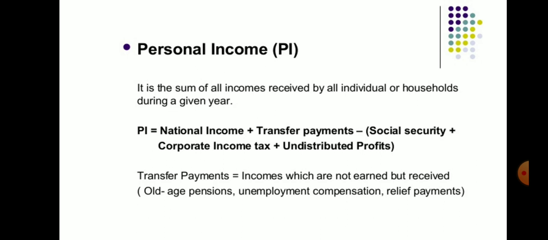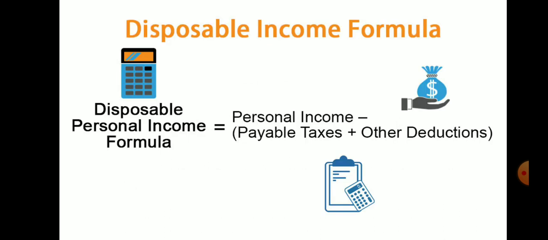The sum of all income received by an individual or household during a given period is called personal income. We'll move on to the disposable income formula, that is personal income minus the taxes paid by an individual and the deductions.